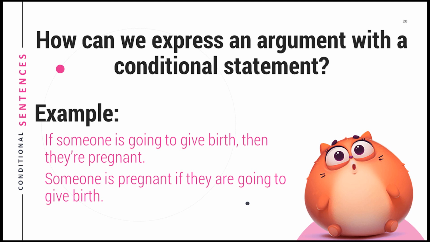Under normal circumstances, it is expected for a pregnant person to give birth. Therefore, the condition is enough or is good for the result to happen, and the result will happen because the condition is sufficient. And that's what we're going to consider whenever we're going to use conditional statements in expressing your arguments.